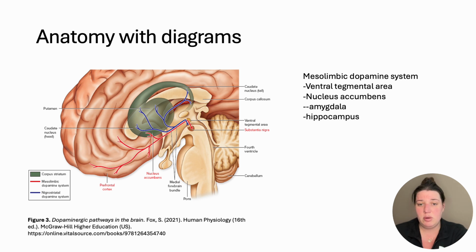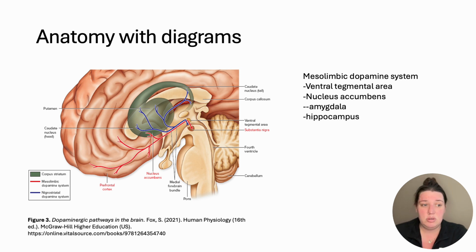In this portion, we'll be going over the mesolimbic dopamine system, which consists of the ventral tegmental area, the nucleus accumbens, the amygdala, and the hippocampus. The mesolimbic system is a neural pathway that transports dopamine from the ventral tegmental area to the nucleus accumbens, the amygdala, and the hippocampus.